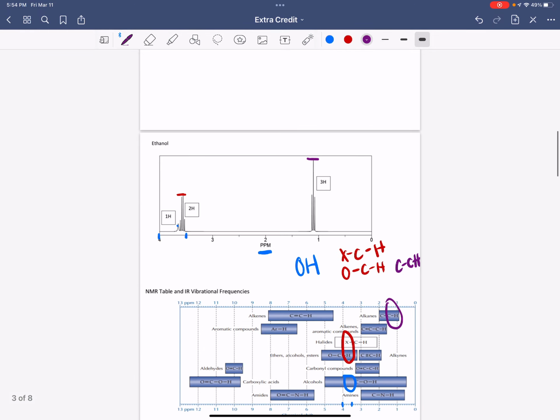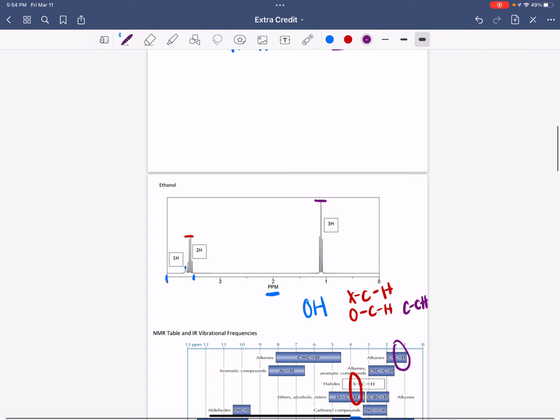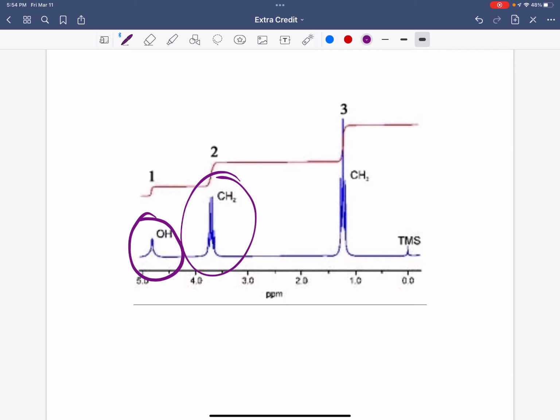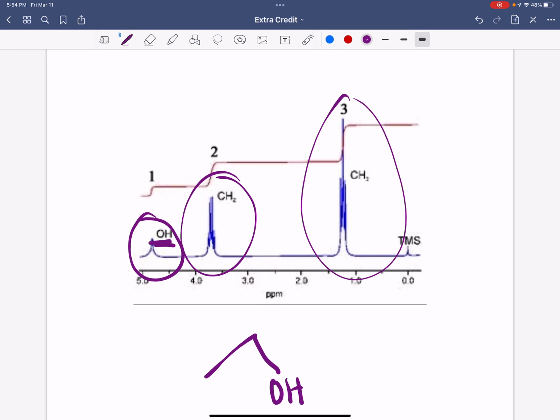So it wasn't given to us here, but just for practice sake, I added it here. So this peak has an integration of 1, this one of 2, and this one of 3. And as you can see, here's our OH. So here, I'll draw it again. Here's our OH, right? This CH2 would be here, and then this CH3 methyl group would be here.